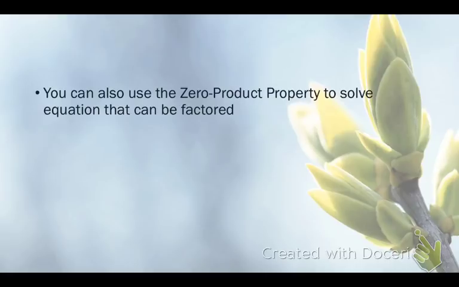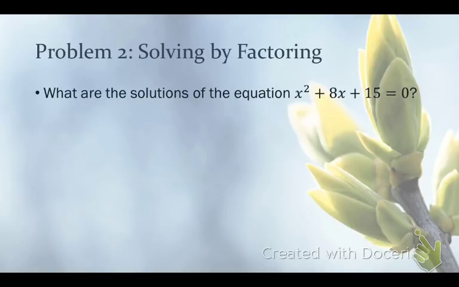So we can also use the zero product property when we have an equation that first needs to be factored. So when I look at problem 2, I have x squared plus 8x plus 15. So the first thing that I need to do is factor that equation. X squared plus 8x plus 15. Well, I'm looking for factors of 15 that add up to equal 8. So 1 times 15, that does not equal 8, but 5 and 3 do.